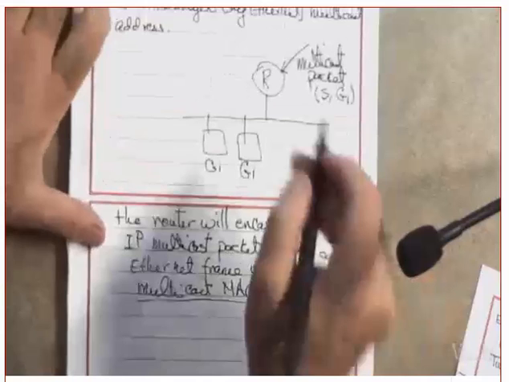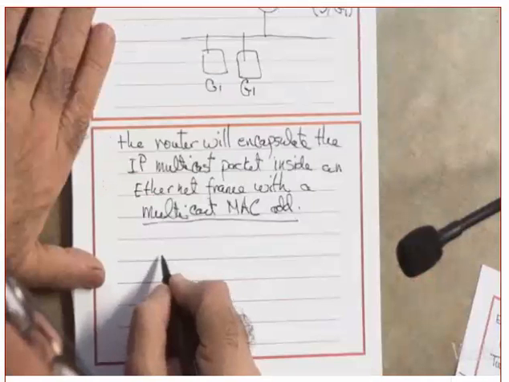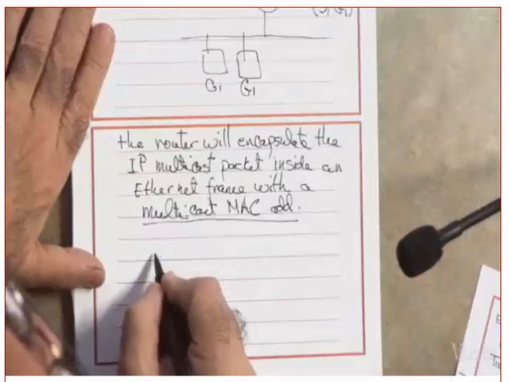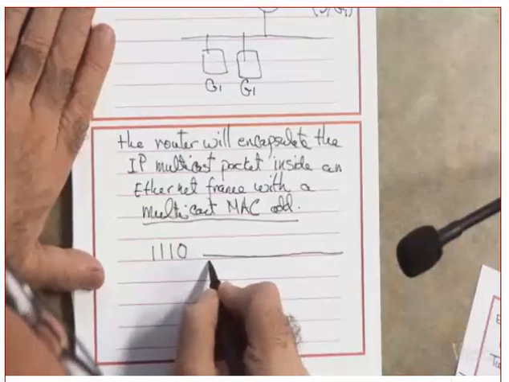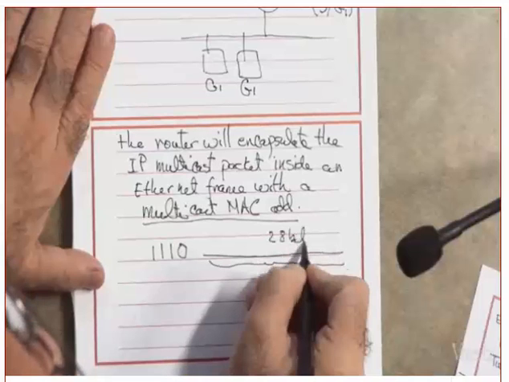Then a 0 bit, and then the first 23 bits of the group address are mapped. Which means 5 bits out of the 28 are not mapped. The first 23 are mapped, and the total is 48 bits.